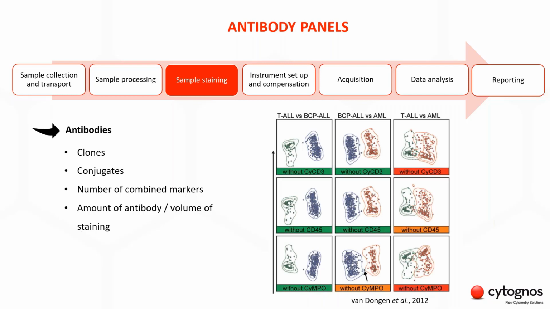So these are multidimensional plots showing cases of T-ALL in green, BCP-ALL in blue, and AML in red, stained with the EuroFlow acute leukemia screening panel. In each plot, they left out one of the markers in order to study one by one the discrimination power in these three acute leukemia subtypes. So these results indicate that each individual marker included in the panel is essential because missing one of them affects the identification of the different acute leukemia entities.